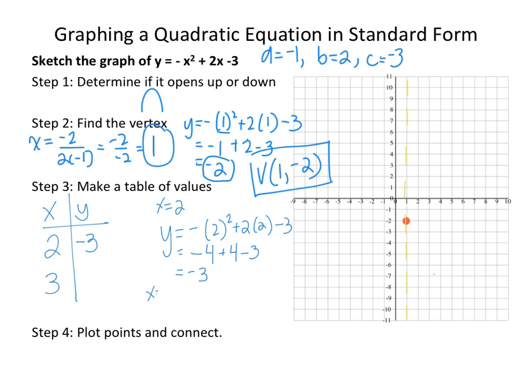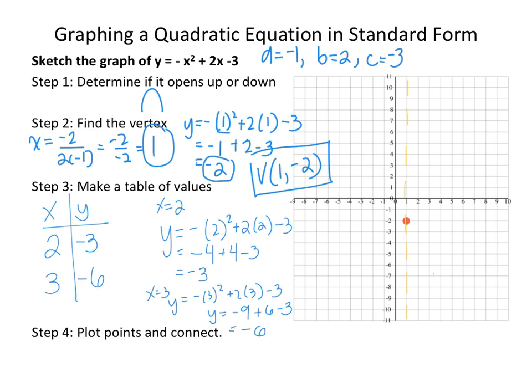When x is equal to 3, we'll evaluate y. Y is equal to negative 3 squared plus 2 times 3 minus 3. So y is equal to negative 9 plus 6 minus 3. Negative 9 plus 6 is negative 3 minus 3, which is negative 6.